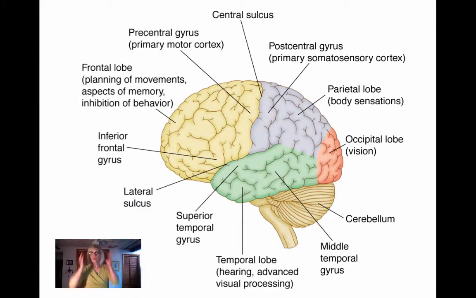So remember, the brain is part of the central nervous system, and we're going to focus on several parts this semester. Right now you have a cortical view, so the outside of the brain, and you're looking actually at the left hemisphere, so the left half of the brain.